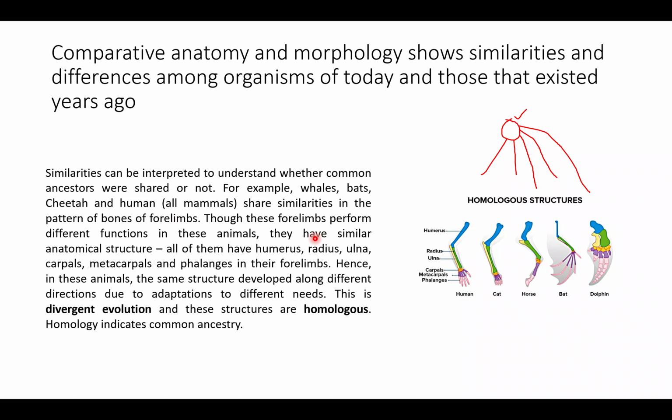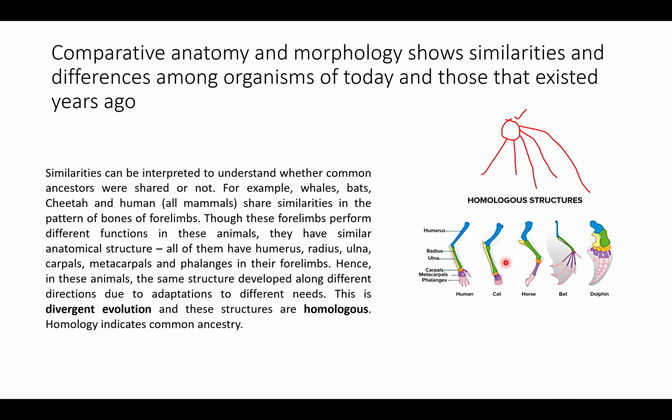So what similarity is there? They have similar anatomical structure. All of them have humerus, radius, ulna, carpal, metacarpal, and phalanges. If you look clearly, their shape might be different. Their function is kind of different.